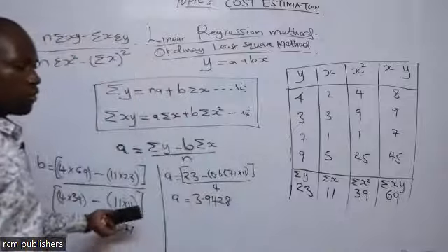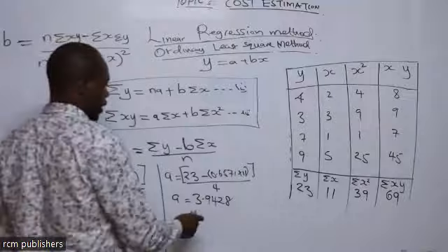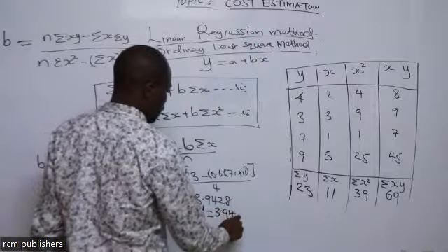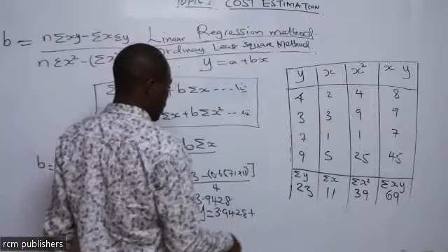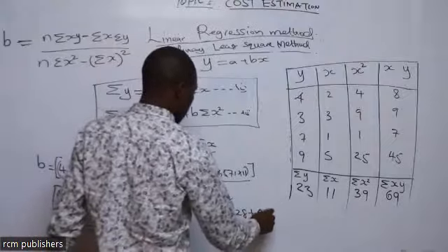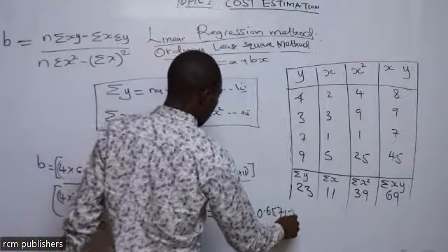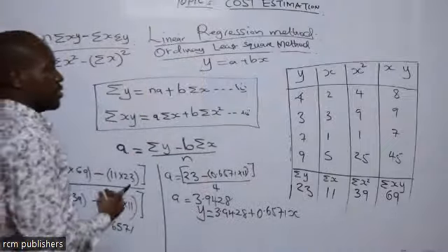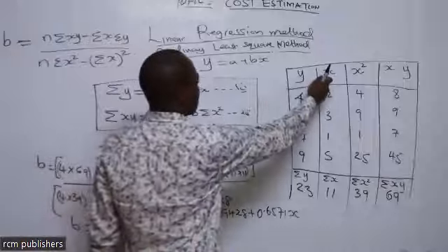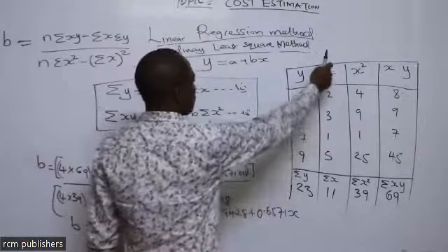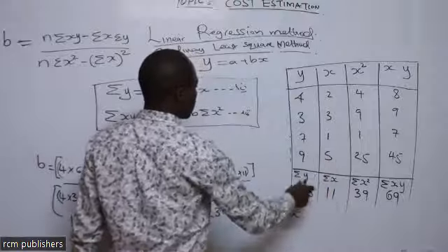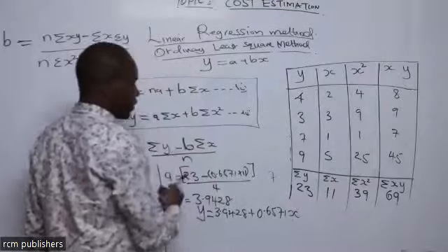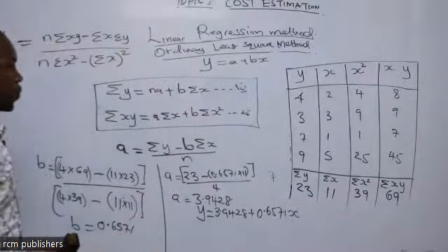So once we have the value of A, we can now go ahead and get our cost function. Y is equal to A, which is 3.9428, plus B X. Our B is here, 0.6571 X. That's the function. So if you are told to estimate the total cost that will be incurred in the month of May, if the value of X here is 7, you simply come here and replace X by 7 to get the value of Y. That's all.